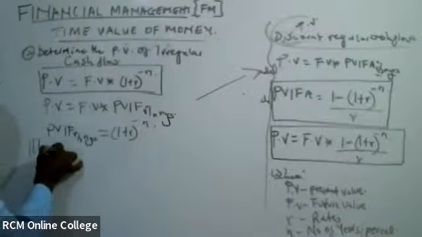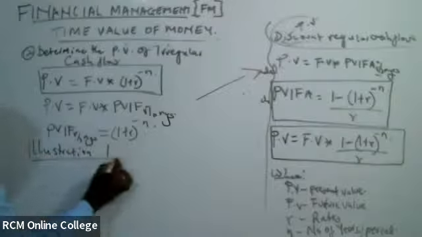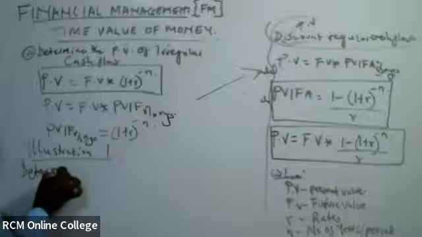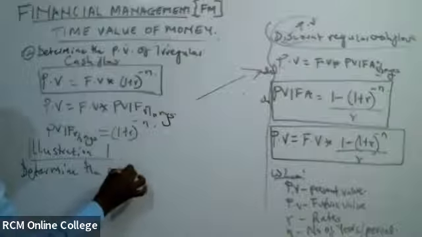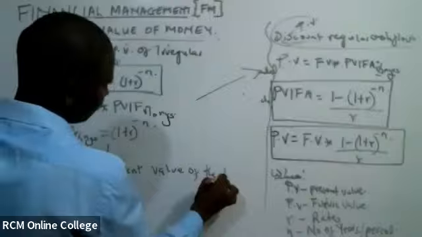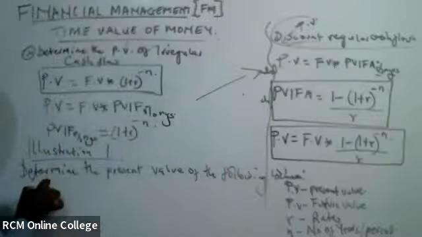Illustration 1. Determine the present value of the four-year cash flow.